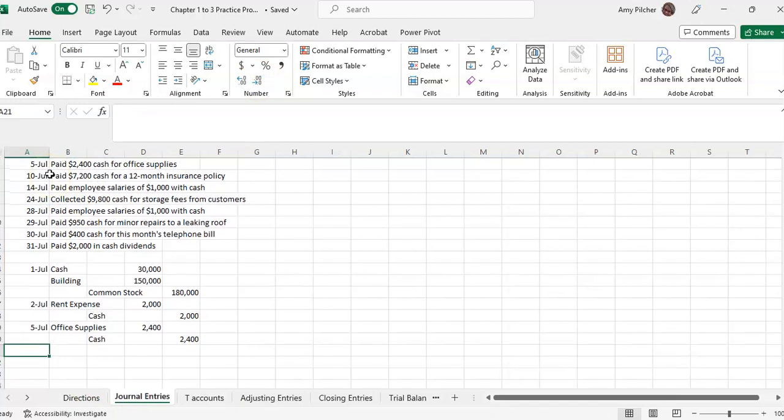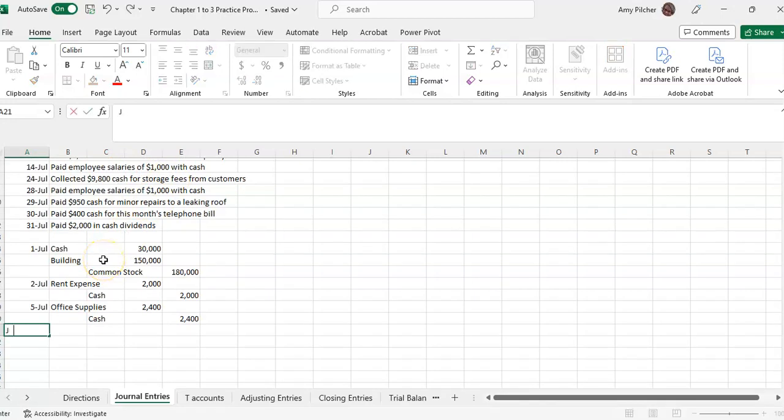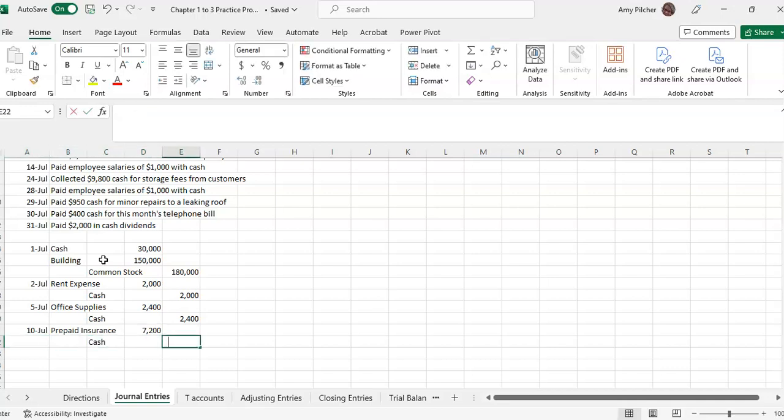July 10th, we paid $7,200 cash for a 12-month insurance policy. So that is an asset called prepaid insurance. We debit prepaid insurance for the amount of the policy, $7,200, and we have cash out of $7,200.